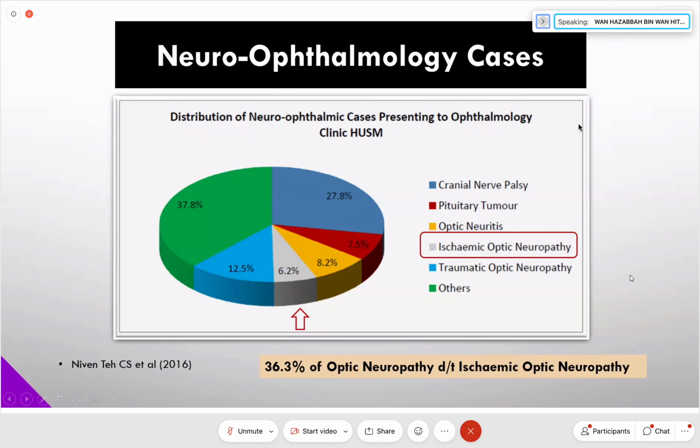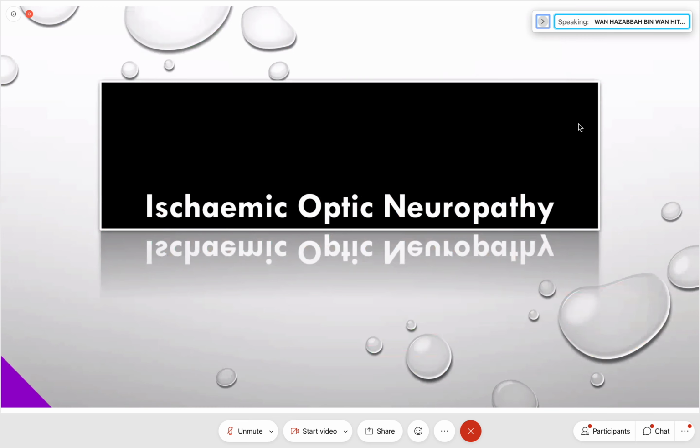So when a patient comes, especially an adult or elderly patient, you should think that one of the common causes is ischemic optic neuropathy.